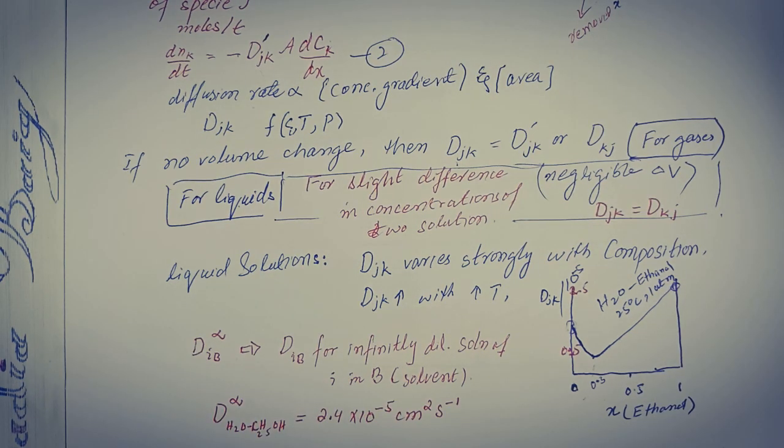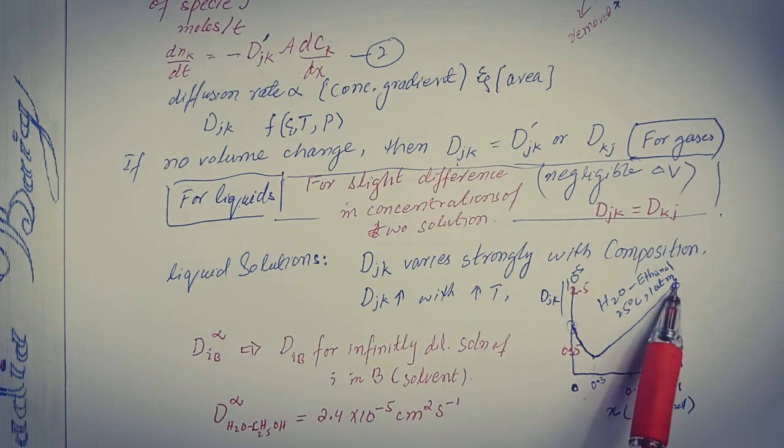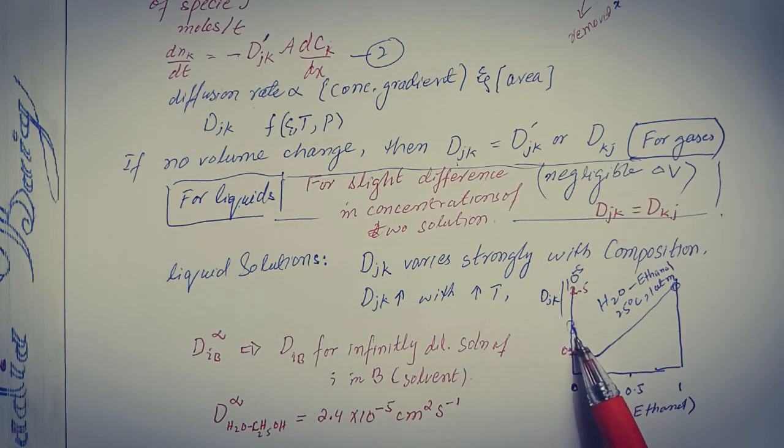So the diffusion coefficient of water when it is acting as solute in the solvent at infinite dilution is equal to 2.4 times 10 to the power minus 5 centimeters square per second. That is this point, which is obtained from the extrapolation of these intermediate plots.